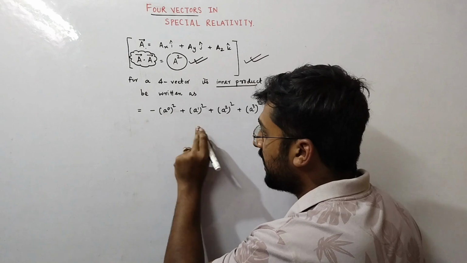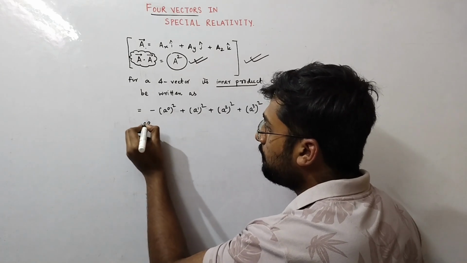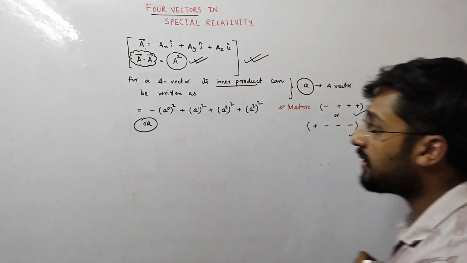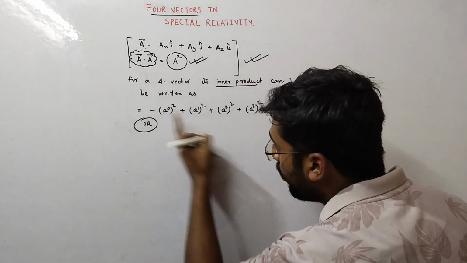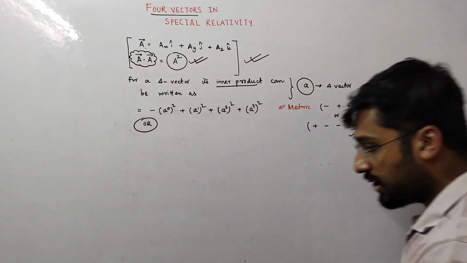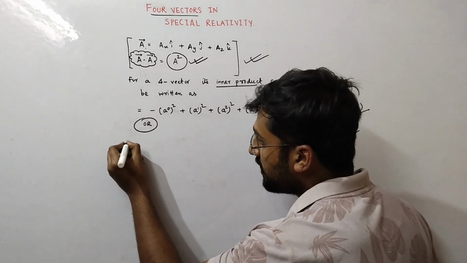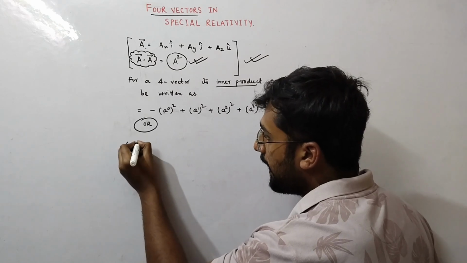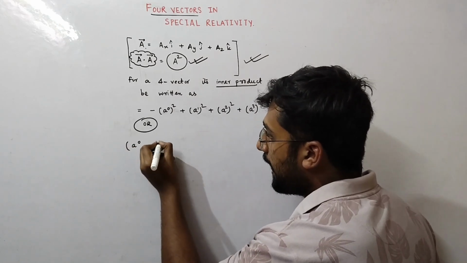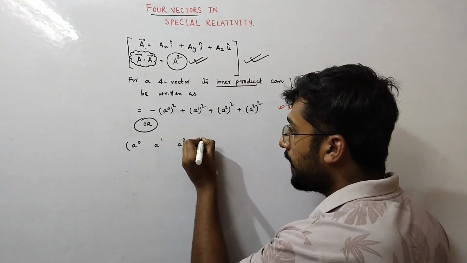Now, there is a way to do that. Let's follow this. There is also another way to express this long equation in some other format. Let me write it down for you guys. So the form is A naught, A1, A2, A3.